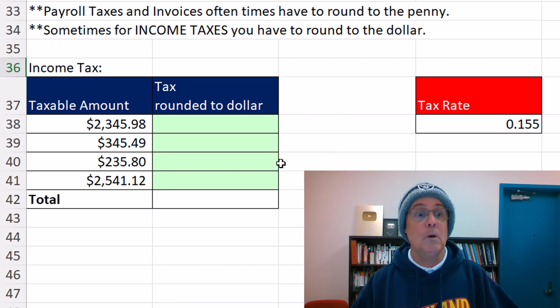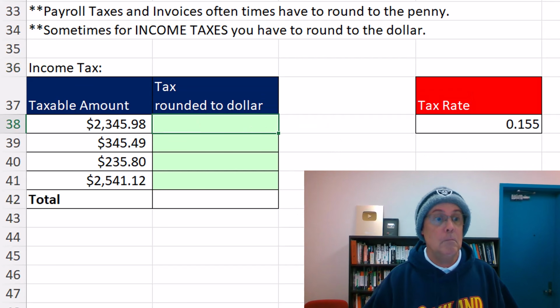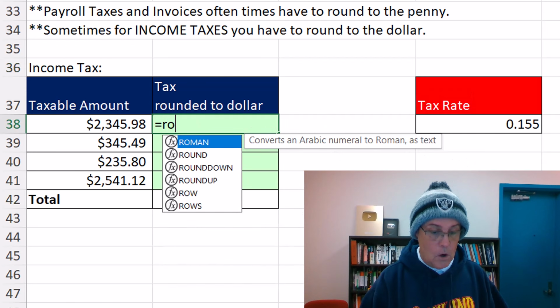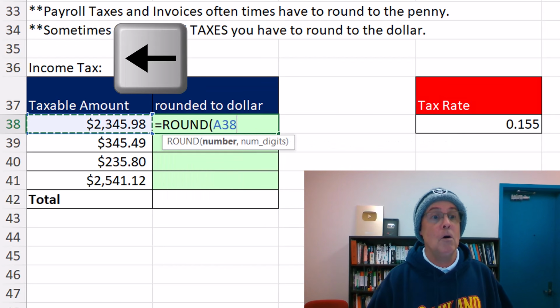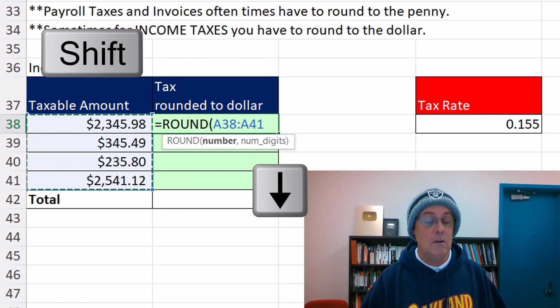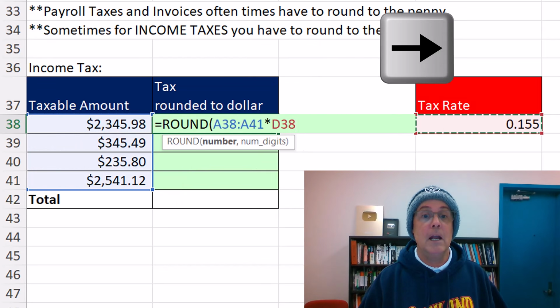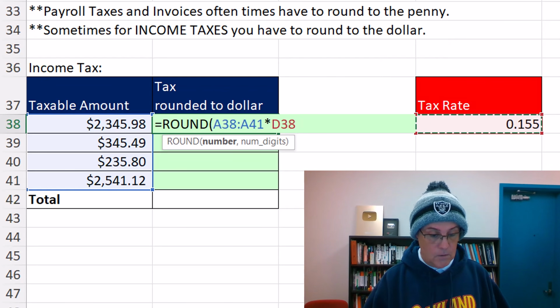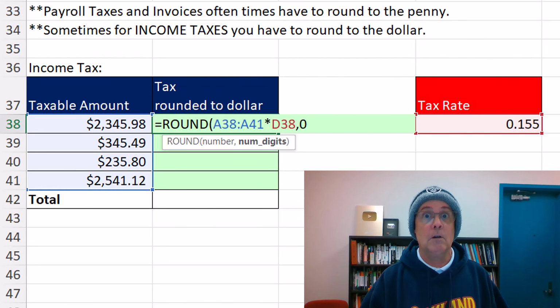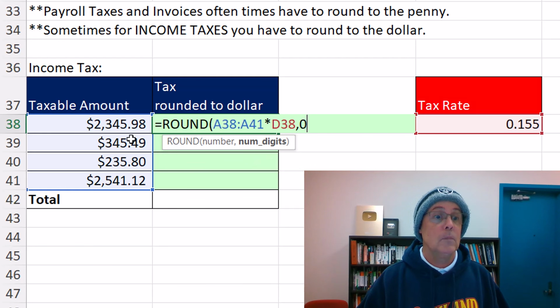in a subsequent formula. So in B38 equals ROU tab for number, arrow over, and then hold shift and arrow down, times right arrow a couple times. That'll give us our spilled amounts, but we need to round those, comma, 0, because we're rounding to the dollar.